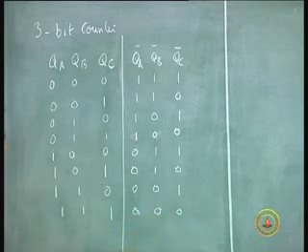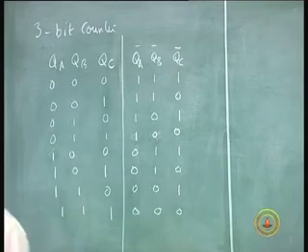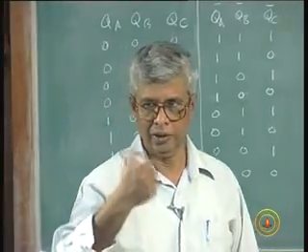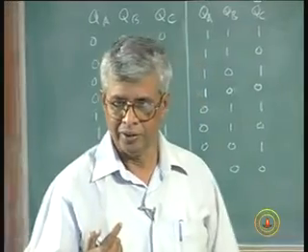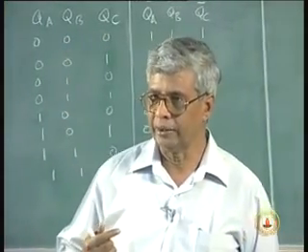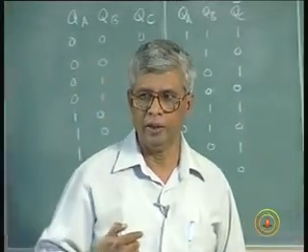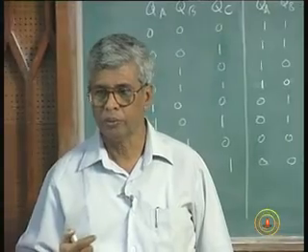So all you have to do is to use the same counter, whatever counter we had for up counting. Use the same counter, but take the flip-flop states from the Q bar. So if you look at Q bar instead of Q of the flip-flops, you get a down counter.